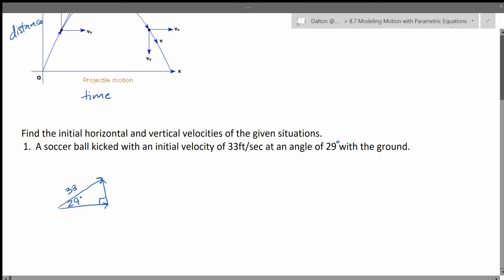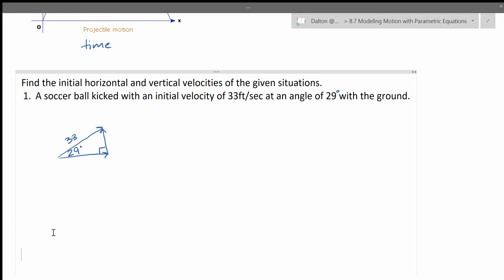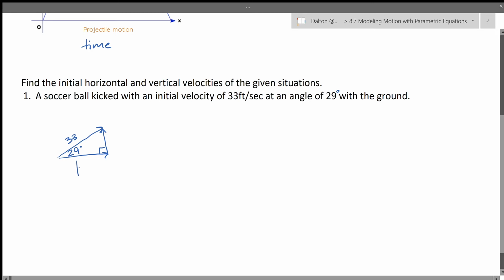When I want to know the horizontal and vertical velocities of the situation, the horizontal would be denoted like this: the magnitude of the vector v sub x. This is the notation for the horizontal velocity, where we've also used absolute value for magnitude.